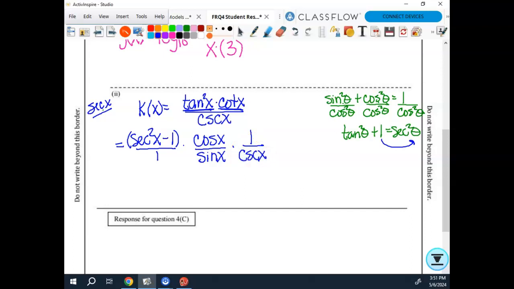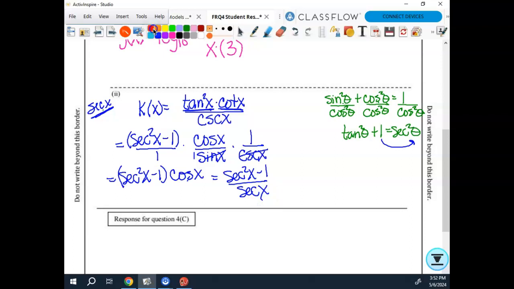Okay? So if I do this, now these two are reciprocals of each other, so they just cancel out to give me 1. So now I'm left with secant squared x minus 1 times cosine x. But remember, I want it all in secants. Well, the reciprocal of cosine is secant, so I can make this into secant squared x minus 1 over secant x, and I'm done.